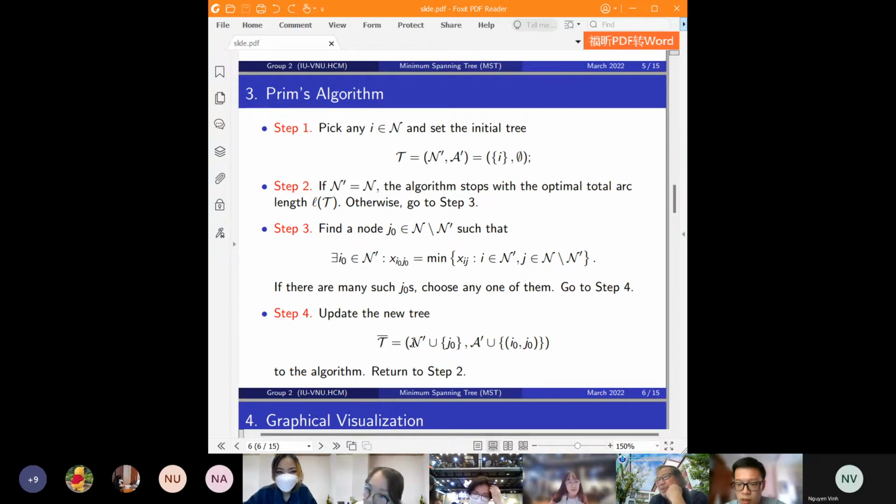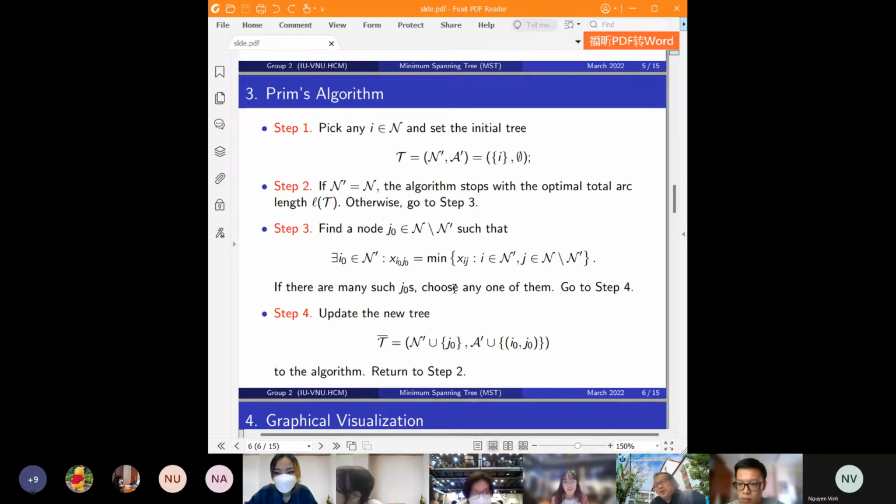So I will set N prime equal to N prime union G0. Yeah, that's right, you should do it like this. So I should write it more clearly: N prime set up like this, and then turn back to step 2.